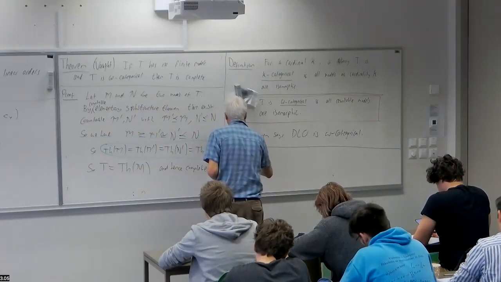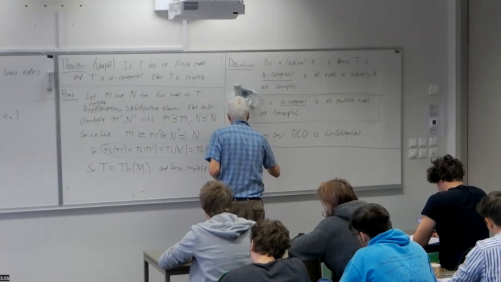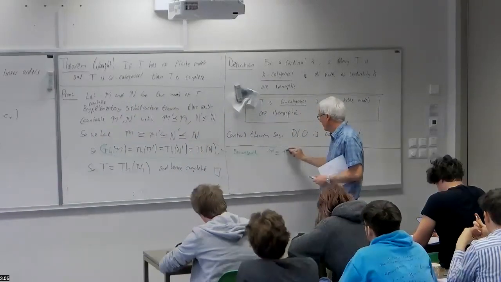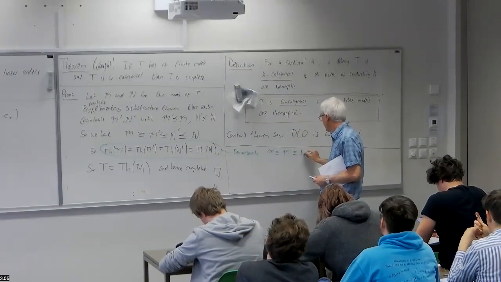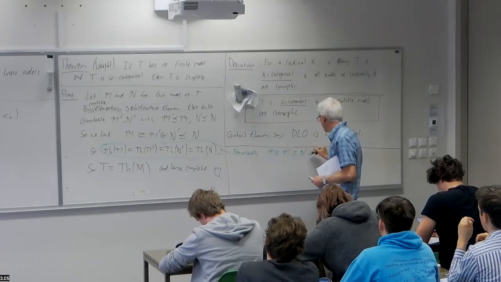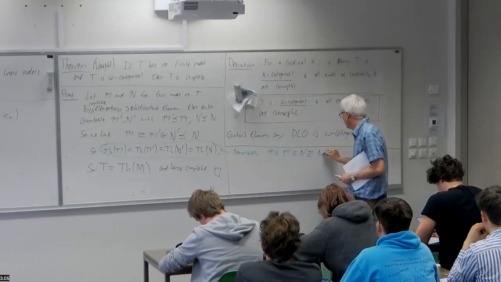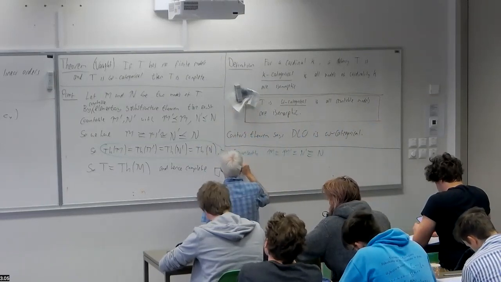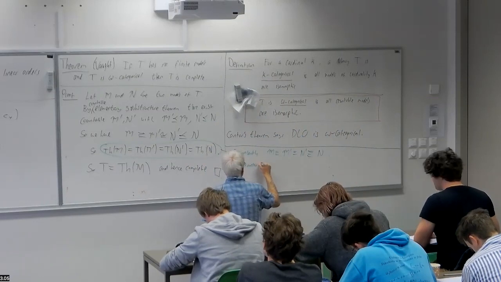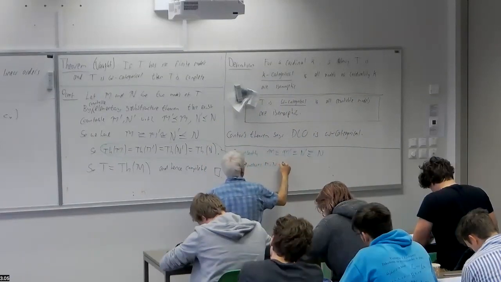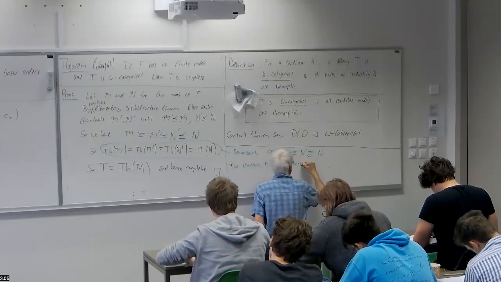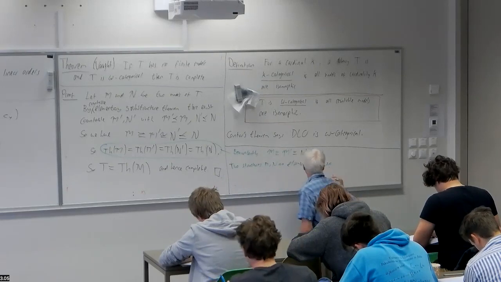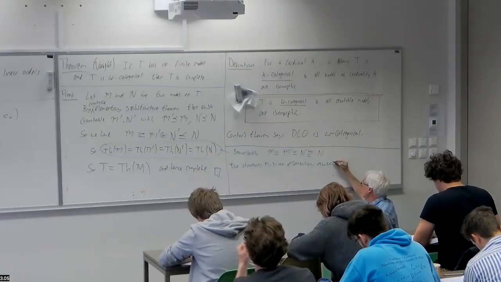Equivalently, a different way of saying that is to say that M is what's called elementary equivalent to N. Let me say two structures M and N are elementary equivalent if they have the same theories, if the same sentences are true in each of them.